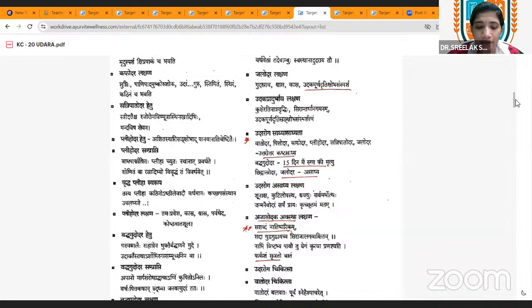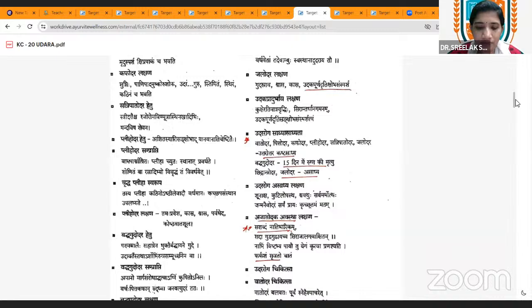Its symptoms are Udakapurna Driti Sparsha and Nana Varna Raji. The color of Raji is Nana Varna, very important. Nana Varna Raji also occurs in Sannipatodara or Dushyodara. So please note Nana Varna Raji is present in Dushyodara, that means Sannipatodara, as well as in Jalodara.